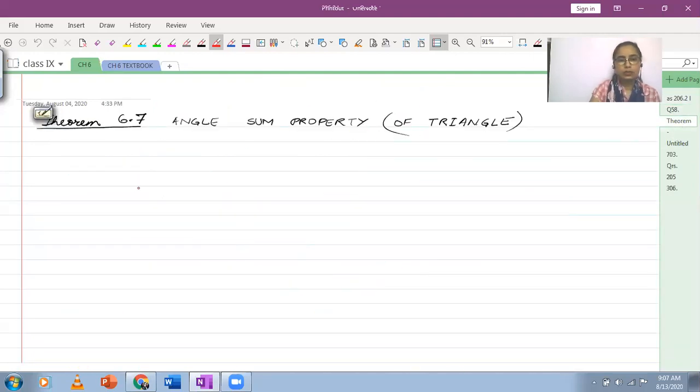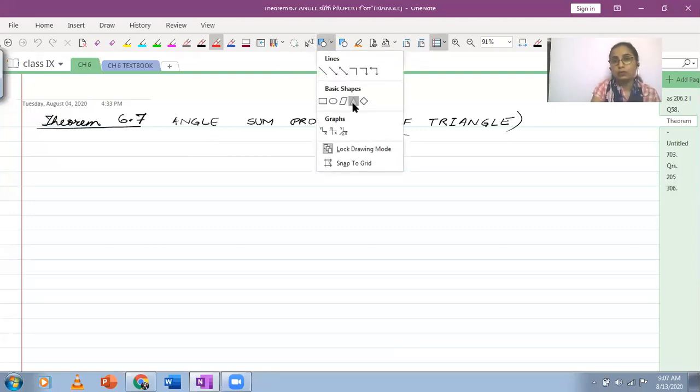This is theorem 6.7, angle sum property. Now, every time there is a theorem, nothing will be given, only the statement will be there. So it will be like prove angle sum property of a triangle, or prove that the sum of the angles of a triangle is 180 degrees. Nothing else will be given. So for this, you would need to draw the triangle yourself, write down everything yourself.